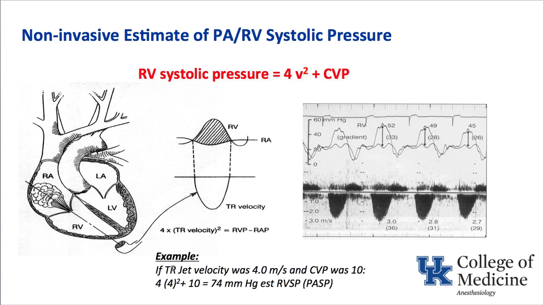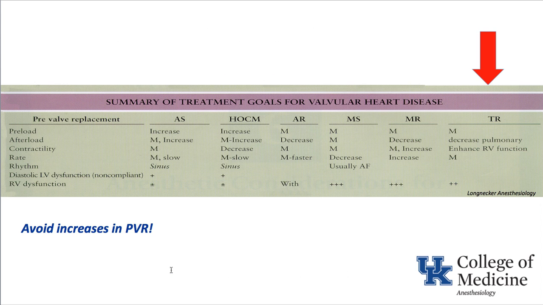And if it was 4, in the example below, the jet velocity 4 meters per second, which is a very high velocity, you'd say 4 times 4 squared, or 4 times 16, is 64, and let's say the CVP was estimated at 10, the cardiologist would say that's a 74 estimated millimeters of mercury RV systolic pressure, or PA systolic pressure. That's pretty high. And so this is how the cardiologist gets RV systolic pressure from the TR jet on your preoperative echo: 4 times the velocity squared plus CVP.